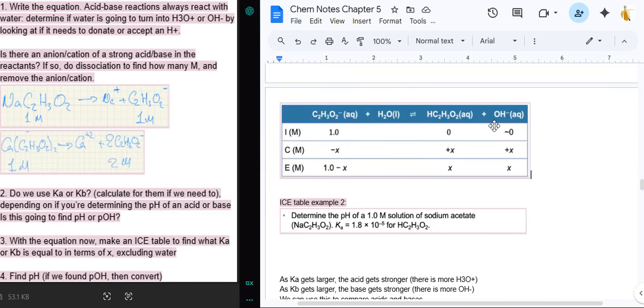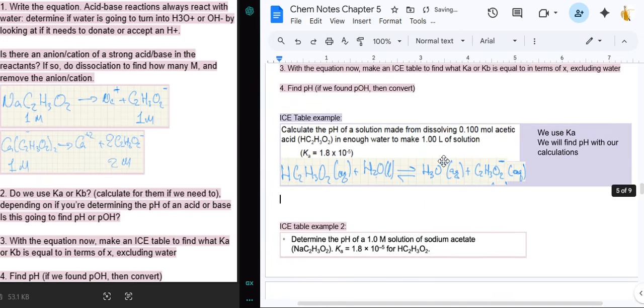It's in molarity. C, this row, we put something X, and the E row, we add these together to form that. That's just a little review.